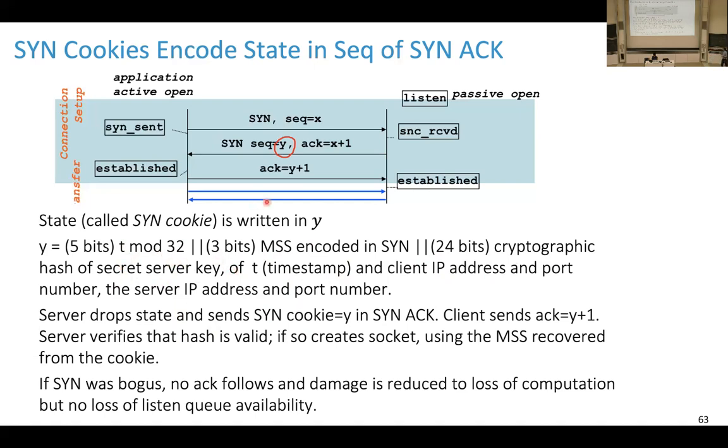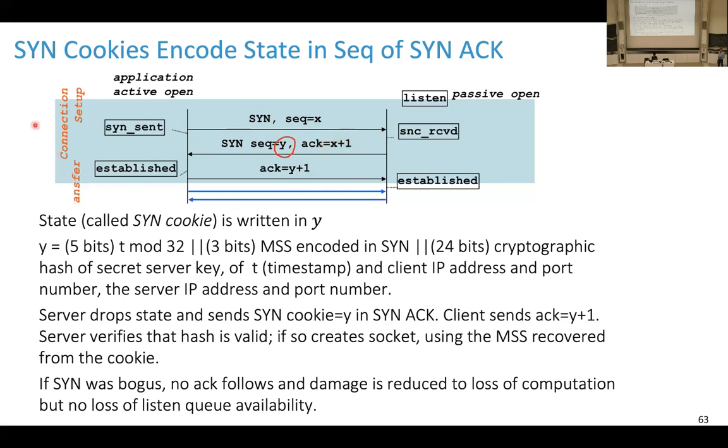So here it chooses the value. The trick of SYN cookie is that before, we chose a random sequence number; here we will choose a smart sequence number, which is the cookie, which is put as the sequence number. And here you acknowledge, this is the normal behavior of TCP, you acknowledge by taking the previous sequence number and incrementing it by 1.